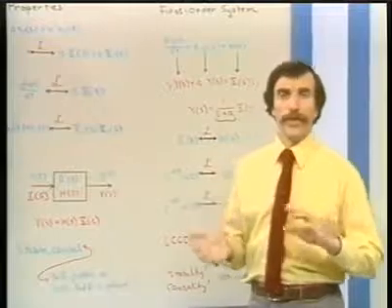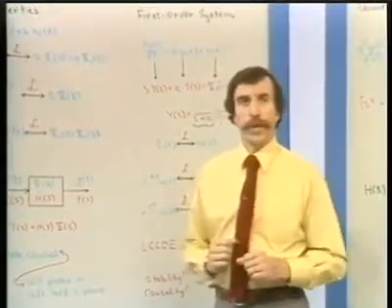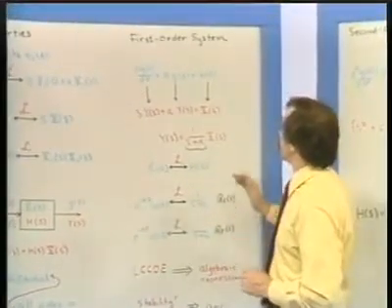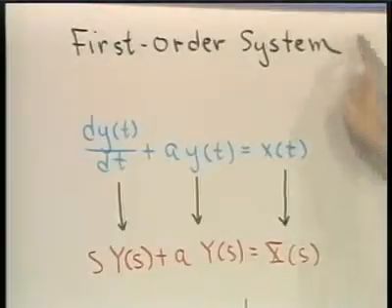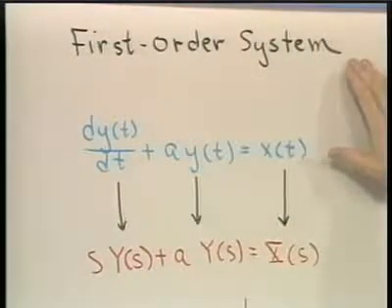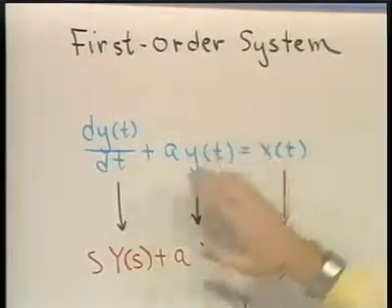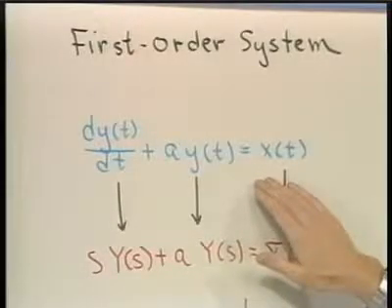And I'd like to illustrate that by looking at both first order and second order differential equations. Let's begin, first of all, with a first order differential equation. And so what we're talking about is a first order system. What I mean by that is a system that's characterized by a first order differential equation.